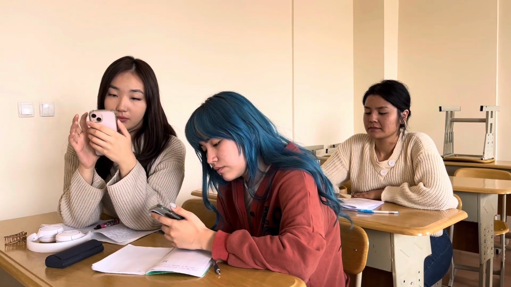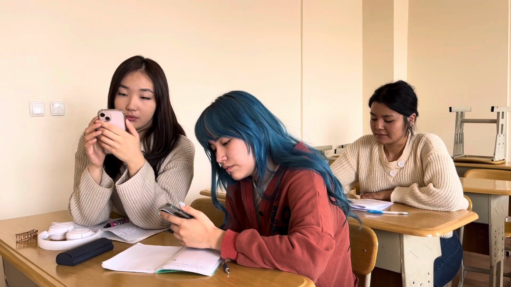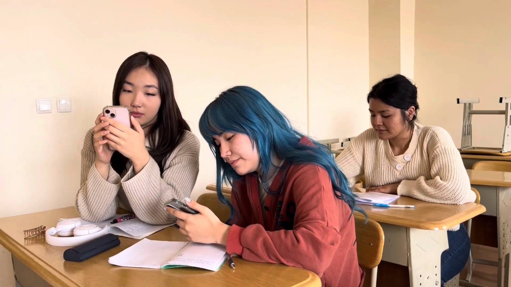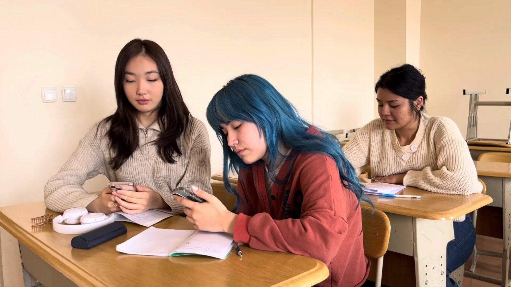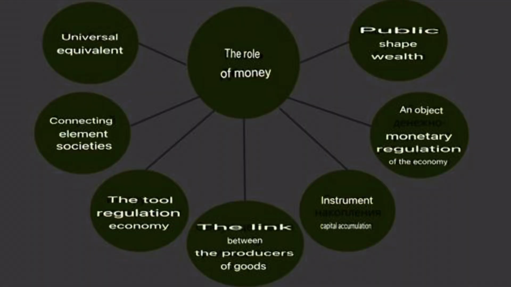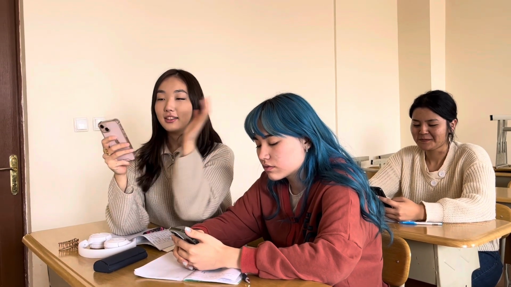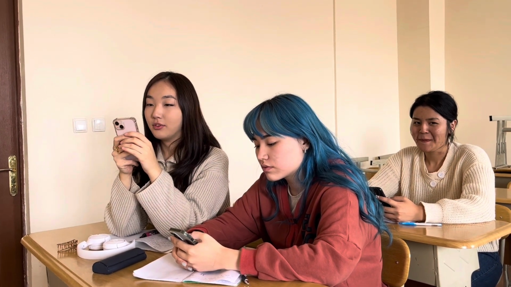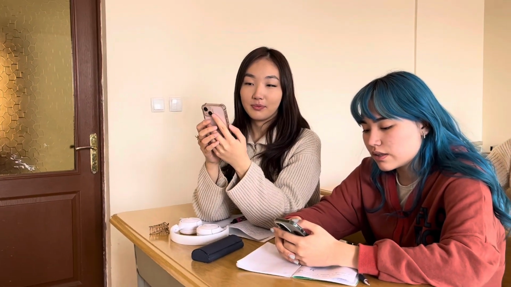So guys, do you see this table? Yes. Okay, let's read. Who is going to read first? One by one, please. So, can I? Yes, of course. So, the first is universal equivalence. The second one is connecting element of society.